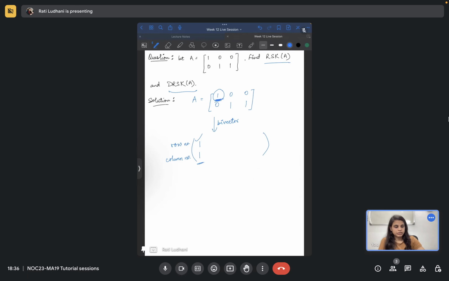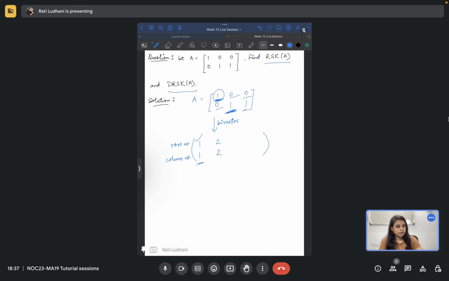This entry is 1, so you repeat it only once. Next is 0, this is 0. The next entry has row number 2 and column number 2, so this is non-zero and we write it once because the number is 1.